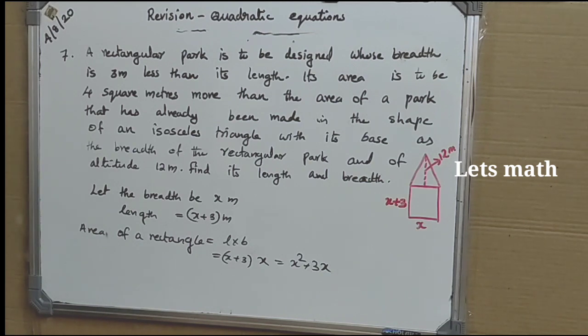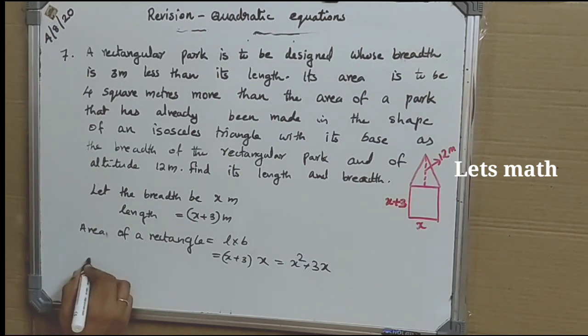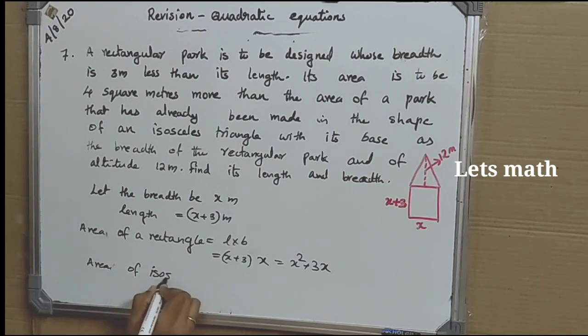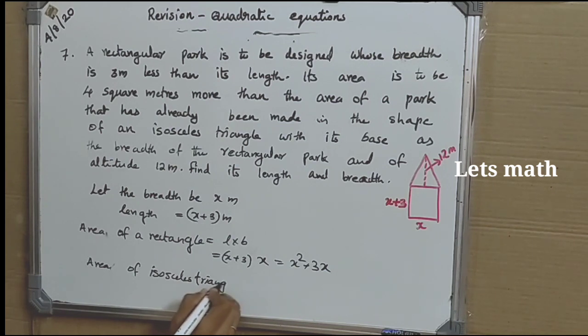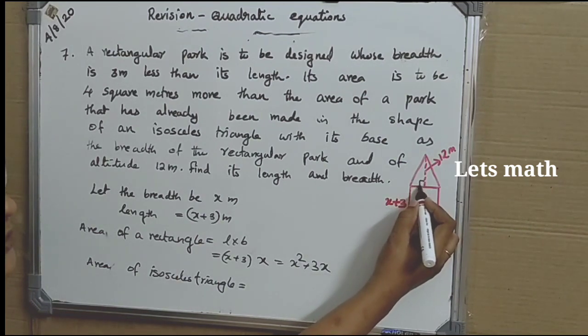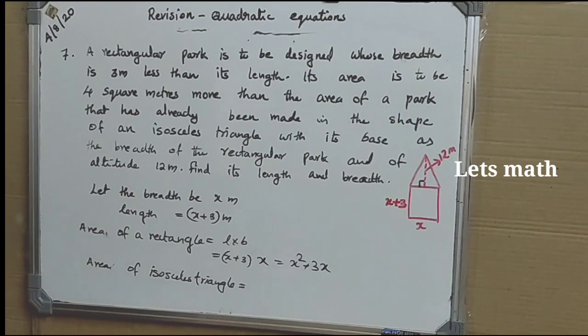Now let us find the area of the isosceles triangle. Here it is given the altitude. Altitude means perpendicular.